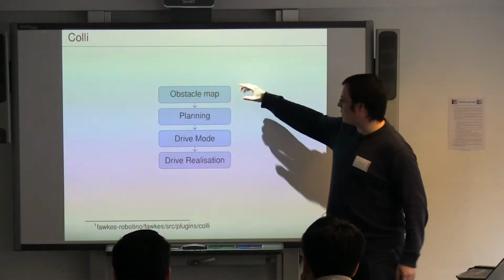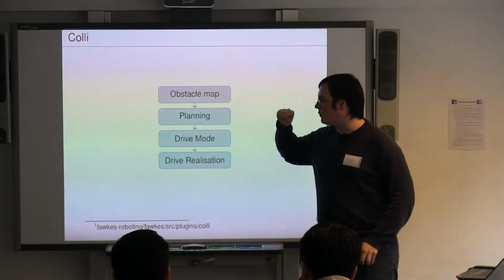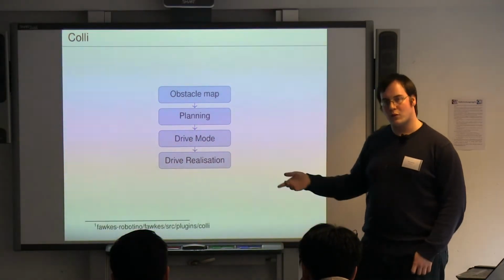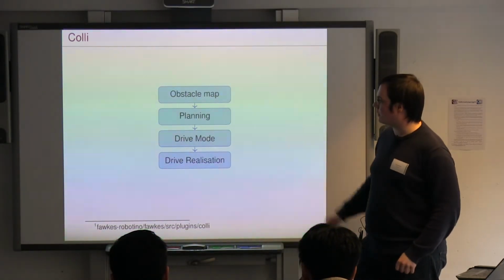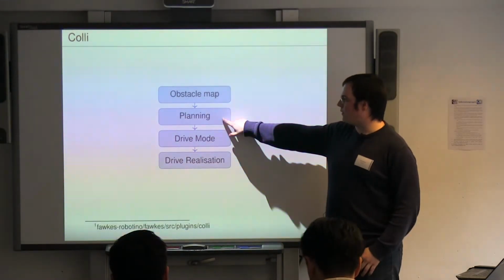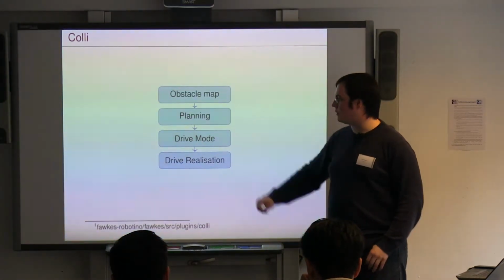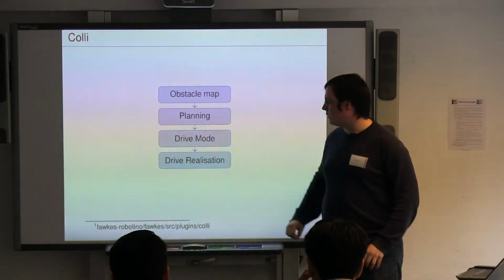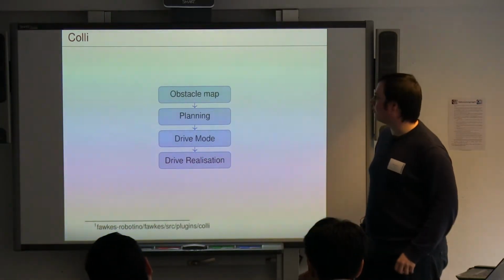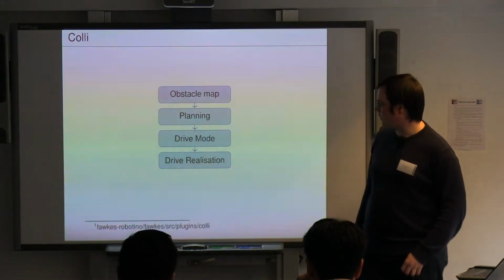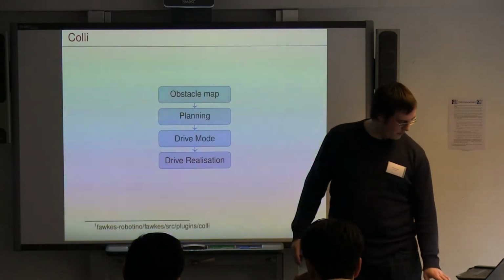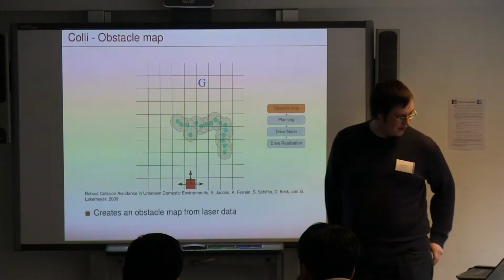And it always follows these 4 steps, to firstly create an obstacle map. The result is what you just saw on the slide before. It then plans on this obstacle map, and then the last two you will see when I get to them. They're very specific for this Collie planner.